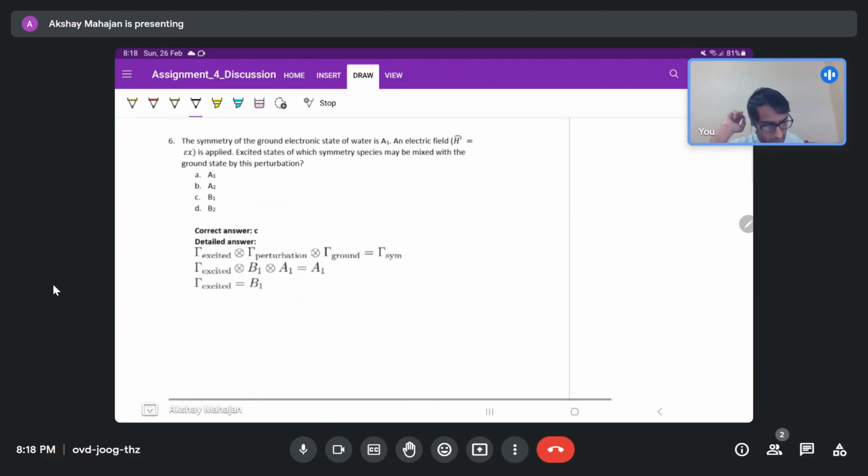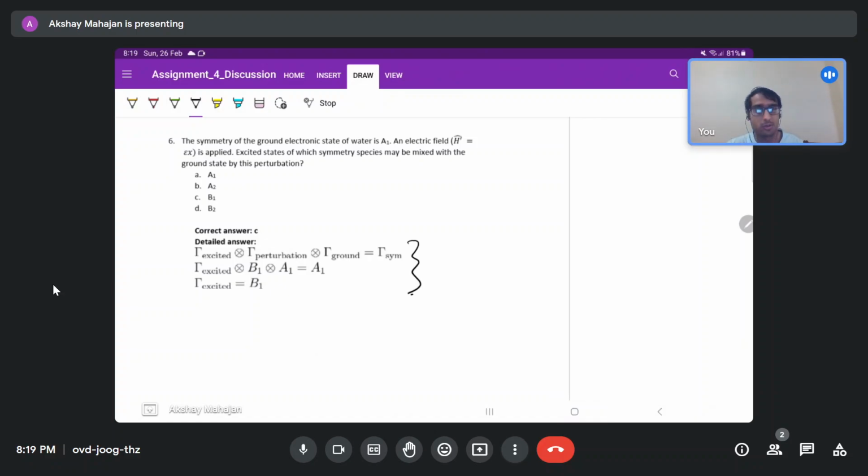Next is the symmetry argument: the ground state of water is A1, and an electric field H prime is applied. An excited state of which symmetry species may be mixed with the ground state by this perturbation? The answer is given and it is self-explanatory.